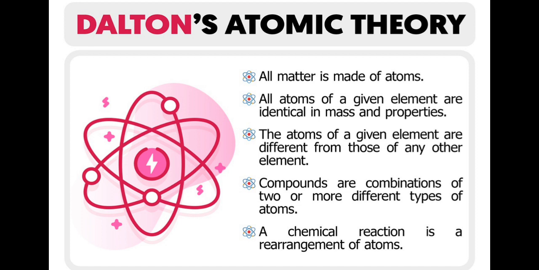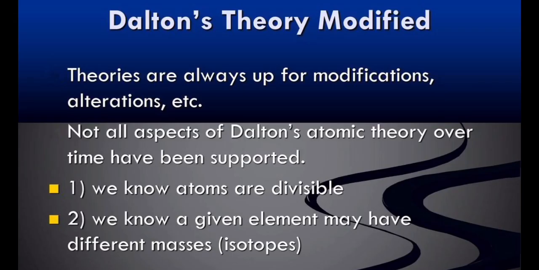So we're going to see how we can modify Dalton's atomic theory to accept the new changes as discoveries have been made. So we're looking at modification of Dalton's atomic theory.